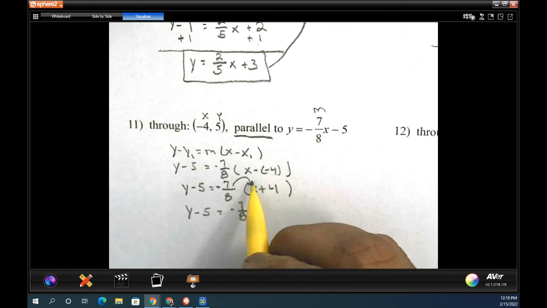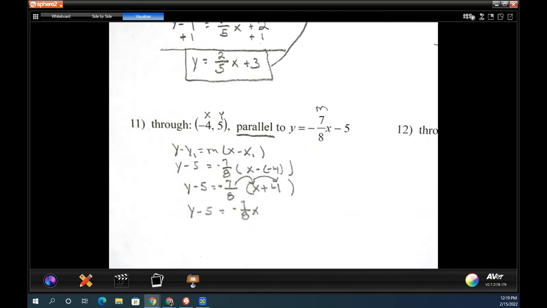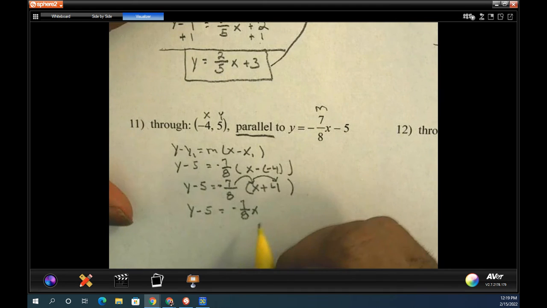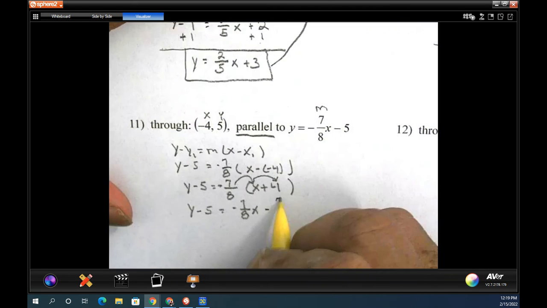Now, on your calculator, do this. Hit Control Divide. Whenever you want to add or subtract, use that Control Divide. -7, down arrow 8, times, I'll hit the right arrow, times 4. And what do you get? -7/2. Okay? So that's -7/2.